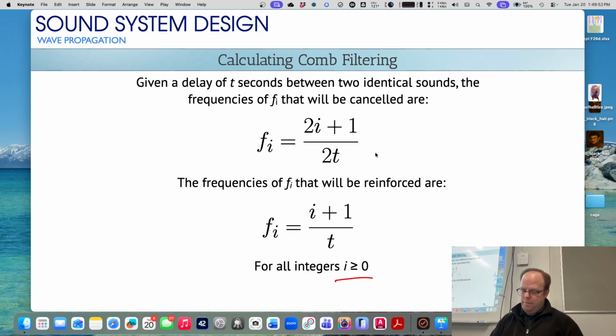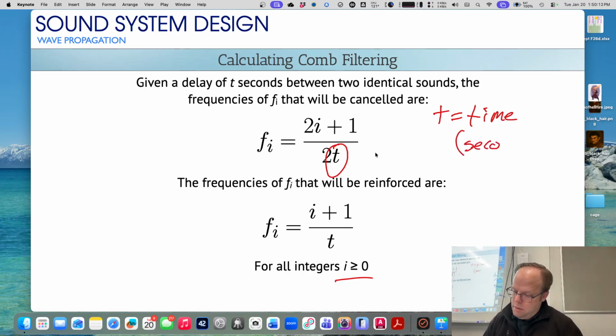And then t, in this case, represents the time offset. So t equals time. However, this is in seconds, not milliseconds.